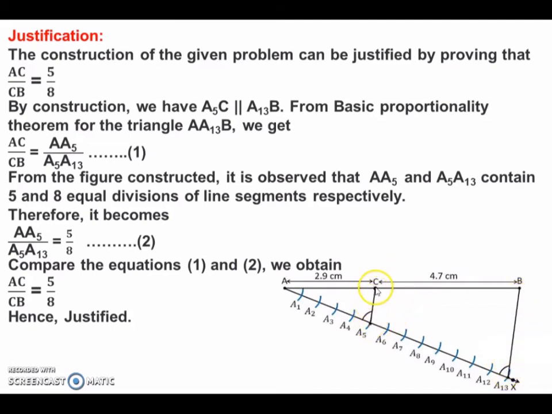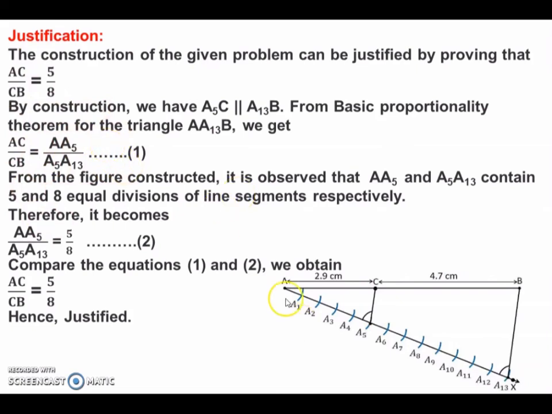That is, line joining the other two sides is parallel to the third side. So therefore, by basic proportionality theorem, in triangle AA13B, we have AC by CB is equal to AA5 by A5A13. So this ratio we get by the basic proportionality theorem.